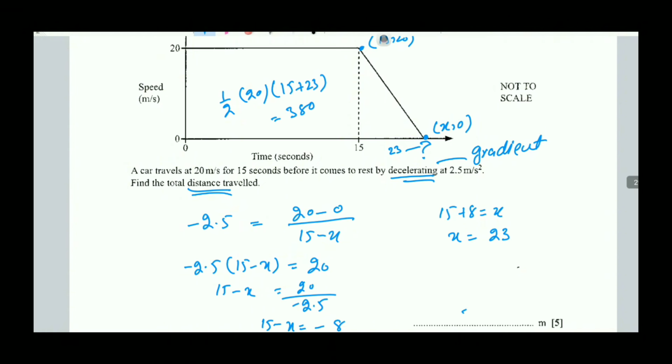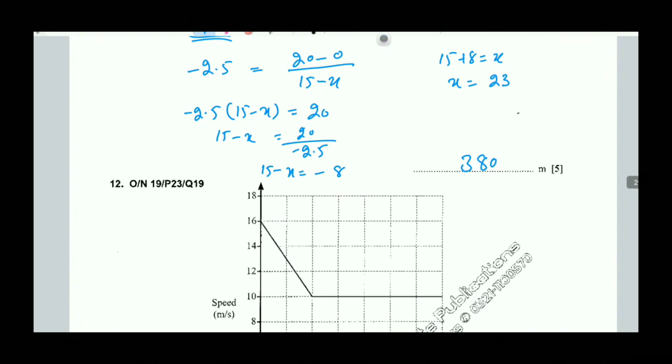So 380 is the final answer. So what we did in this question, this is a little bit different question. First of all, deceleration is given to you, so it means you will find gradient. With the help of gradient you will get this time. If you will get this time, then you can easily find the area, total area.